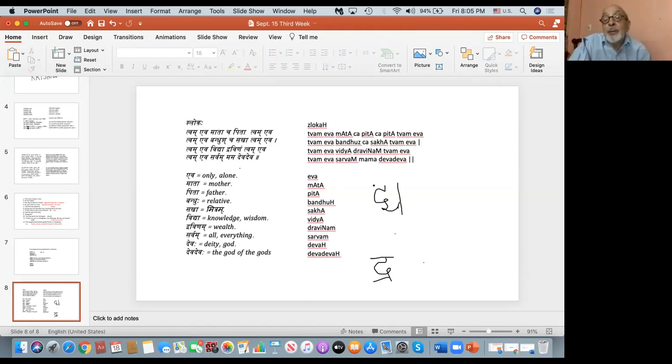Many people write this way too. And where is the line that makes the long A? Here, so you do make another line.